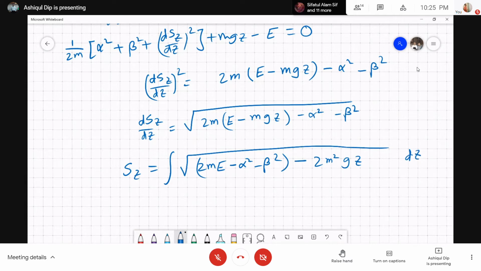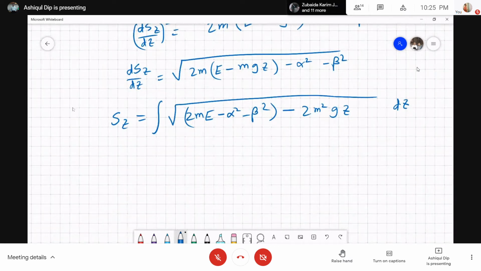So what would be the integration of this thing? I think it's a simple integration. You can do some change of variable. How do we do it?